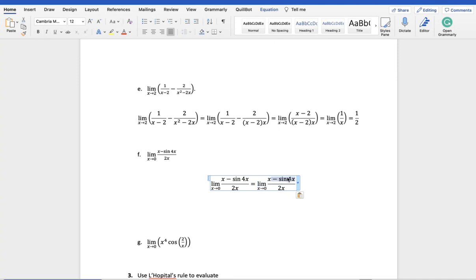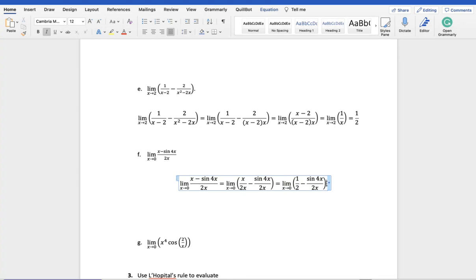So you'll have x over 2x, minus sine of 4x over 2x. And basically, this amounts to two limits. You can simplify the first fraction because x is common on the numerator and denominator, so you basically have the limit of 1 over 2, which is just 1 over 2.